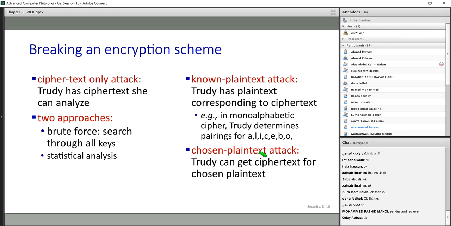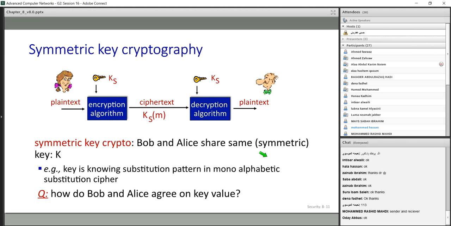For example, here Trudy can use that common list of passwords.